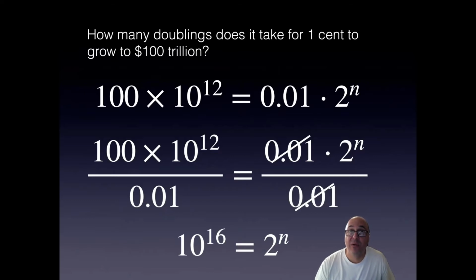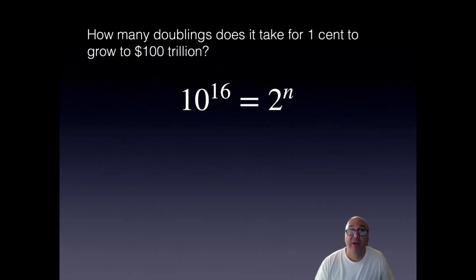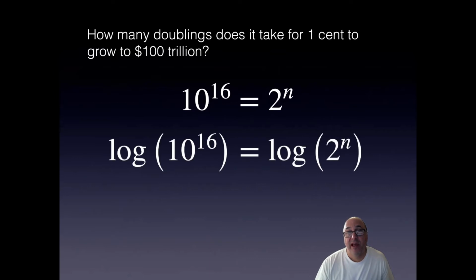So now this is what we have to solve. Okay, so how do we solve this? Anytime you're trying to solve for an exponent, think logarithms. So what we're going to do is take the log of both sides of this equation. Again, remember, you can always apply the same mathematical operation to both sides of an equation.